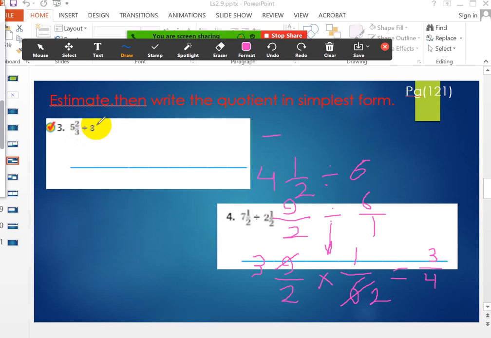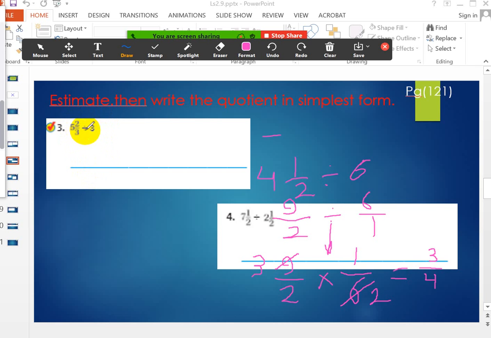Yes, Lena, first thing I want to estimate the answer. So girls, I will estimate the answer for you, but I will not do the estimate strategy in all exercises. Just I will do it maybe for number 3 and 4. Okay, so here I will do the estimate, please, Lena, because you start. 5 and 2 over 3 divided on 3.